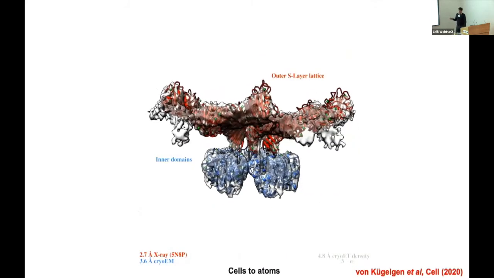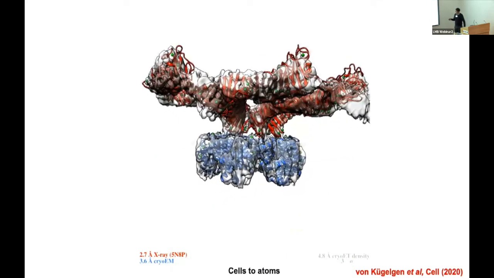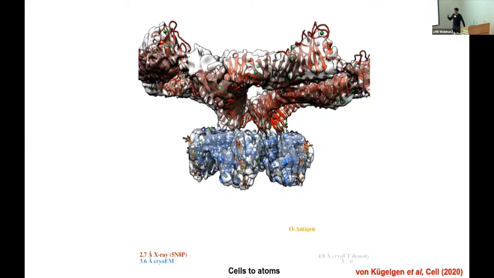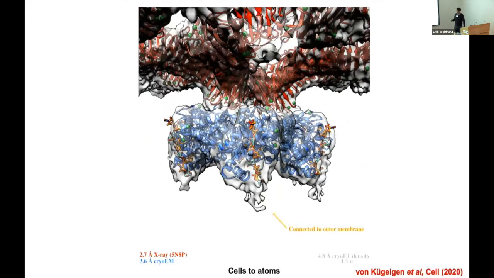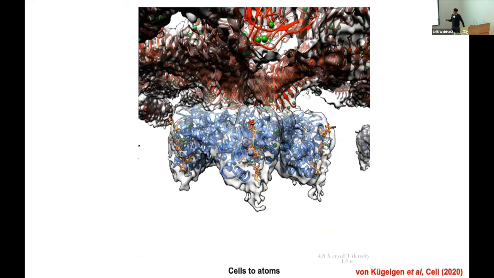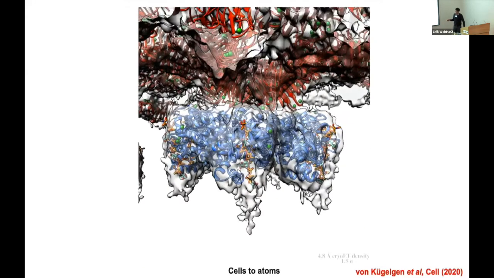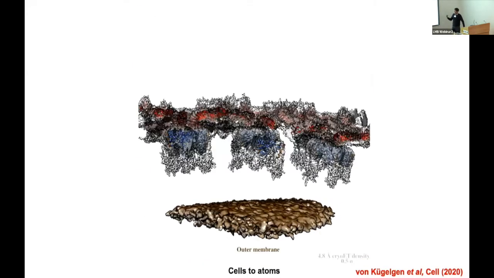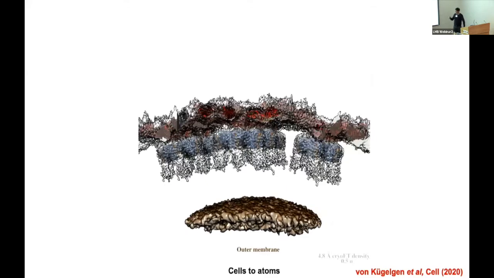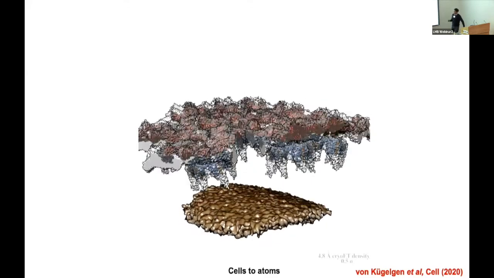There's an unexplained density in the map, which is exactly the point where the lipopolysaccharide should bind from our cryo-EM density. We also see fluctuating and flexible densities going from the structure to the outer membrane that probably are the lipopolysaccharide molecules attached to the outer membrane.